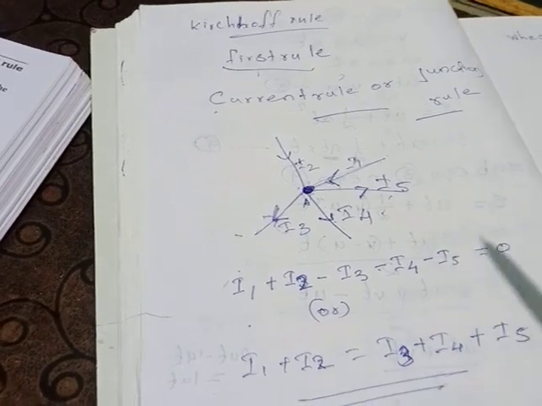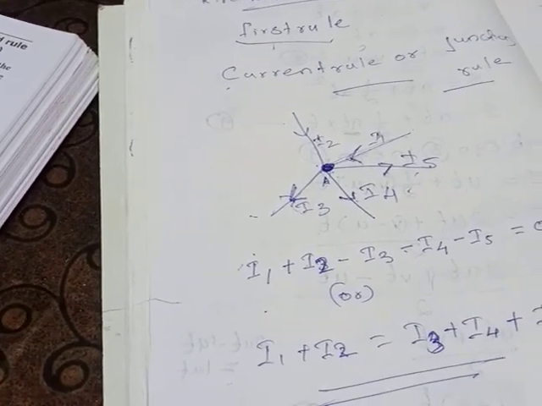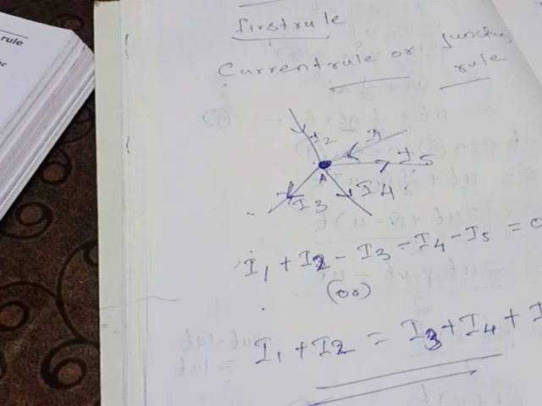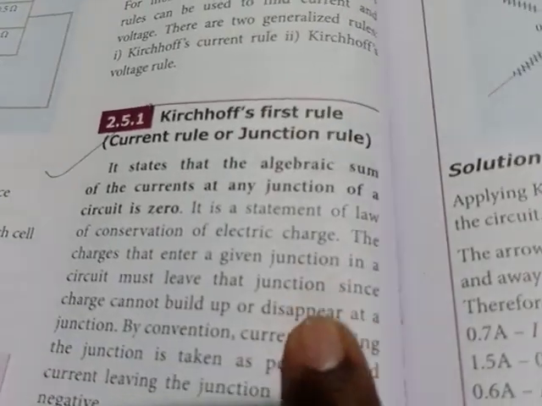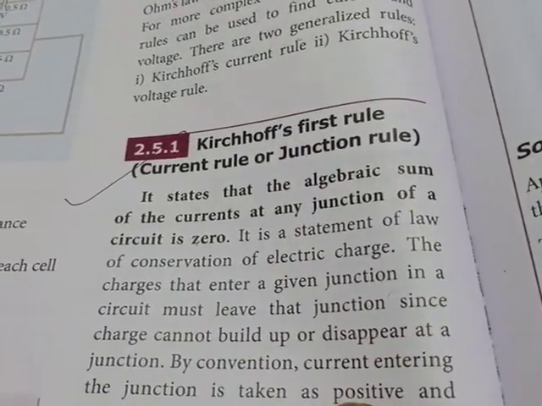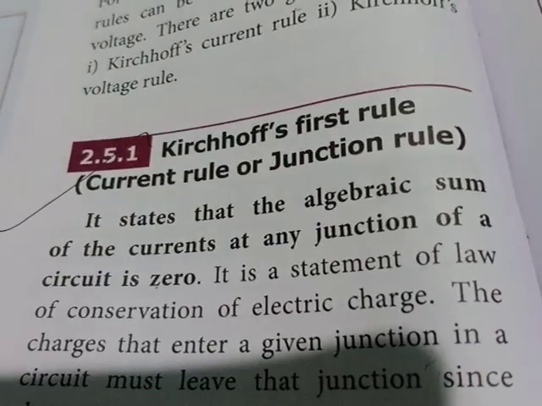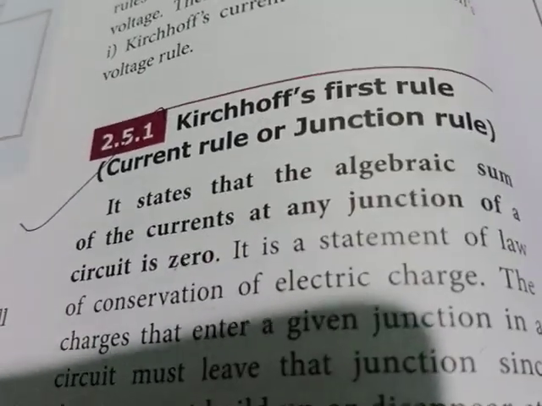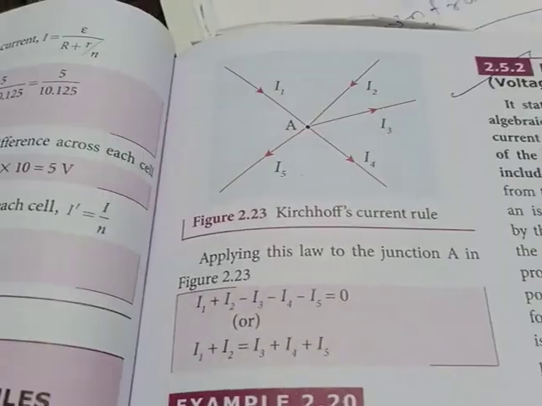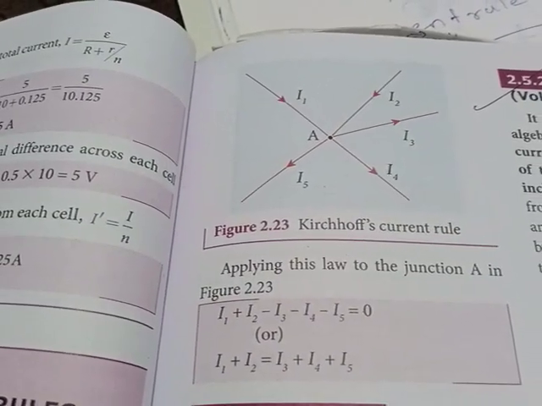It is a very important question. They can ask it for 2 marks, also for 3 marks. There will be a definition for this Kirchhoff's first rule, so you can note down this definition. It states that the algebraic sum of the current at any junction of a circuit is 0. You can note this down also. Take a screenshot of this.